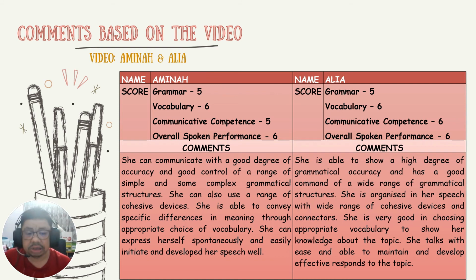She is organized in her speech with wide range of cohesive devices and connectors. She is very good in choosing appropriate vocabulary to show her knowledge about the topic. She talks with ease and able to maintain and develop effective response to the topic.